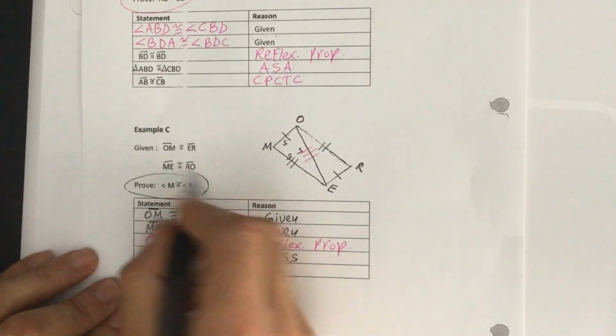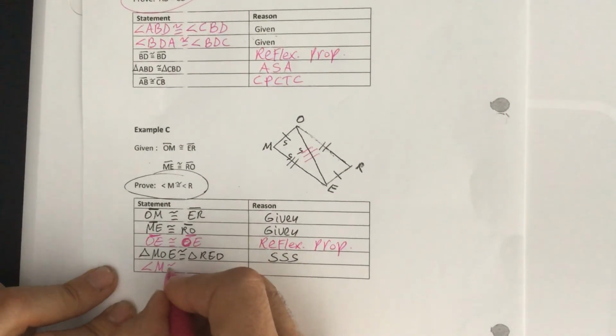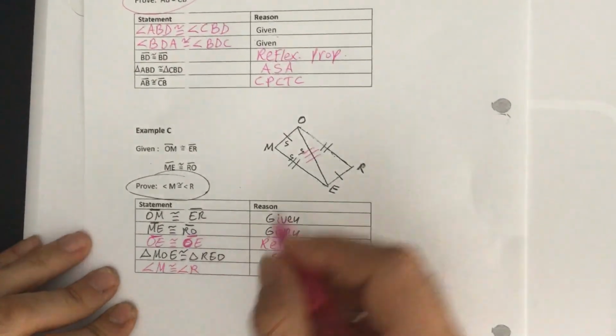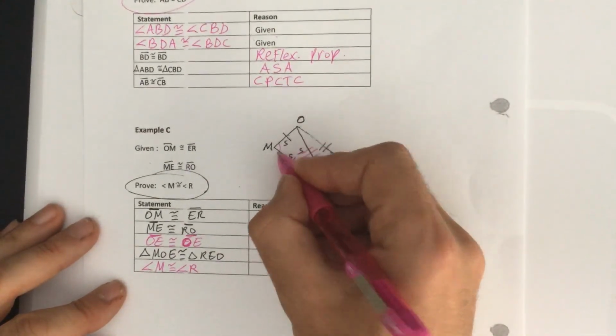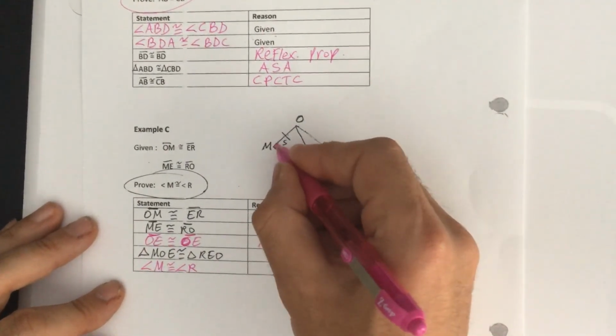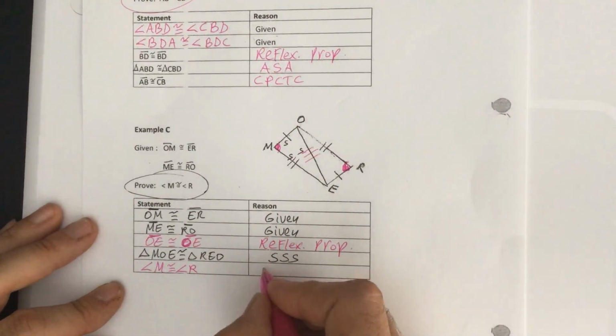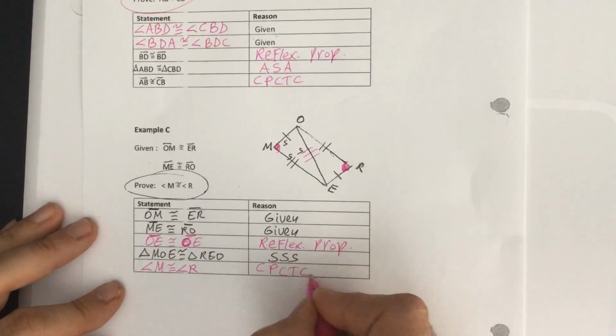We gotta prove the final one here, that angle M is congruent to angle R, so this angle and this angle, that's what we're trying to prove. This one with this one here are equal to each other because corresponding parts of congruent triangles are congruent.